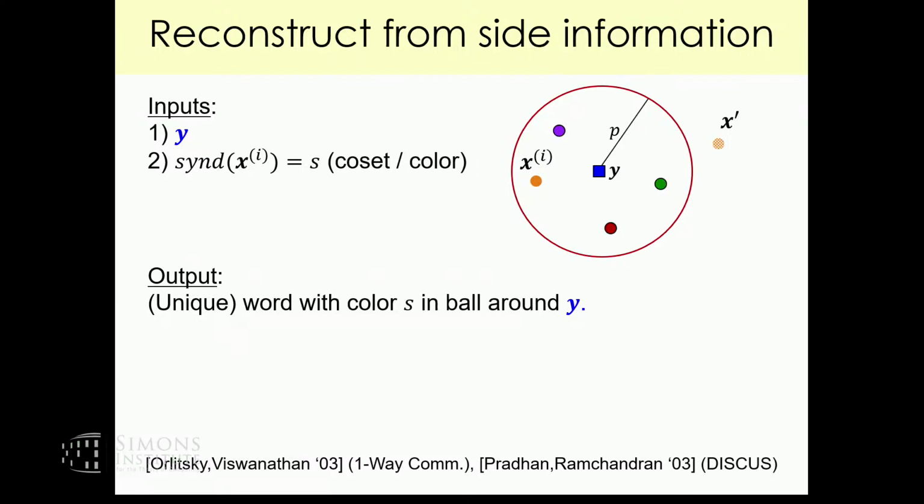So the encoder told the decoder orange, so it looks within the sphere for an orange vector, and this would be the output of the decoder. And from the properties of the error-correcting code, we can guarantee uniqueness so long as X is actually close enough to y.